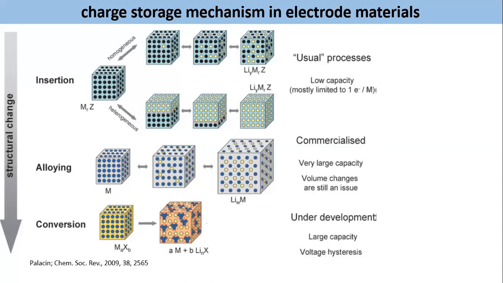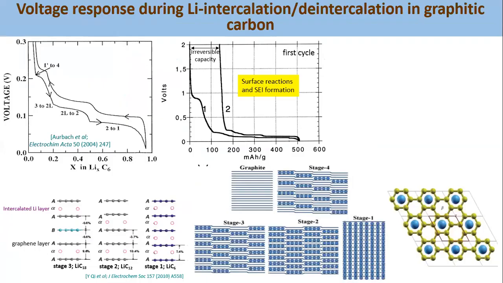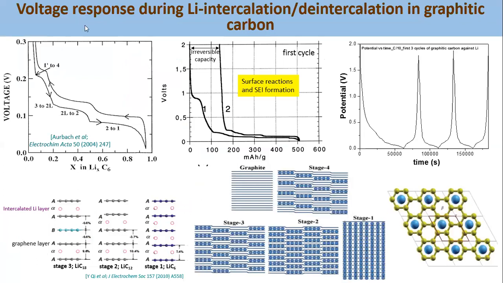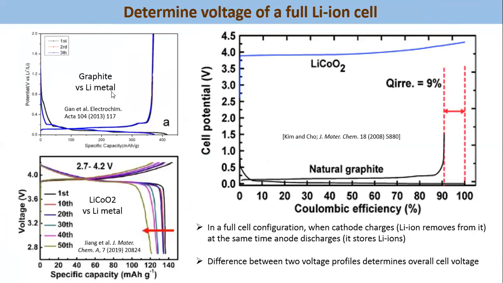So another query is to explain the cell voltage and gravimetric capacity. Okay, sure. So cell voltage, as I told, what we do as electrochemists, we cycle our electrodes against lithium. In case we are working on a lithium-ion battery, we separately cycle our electrodes against lithium.